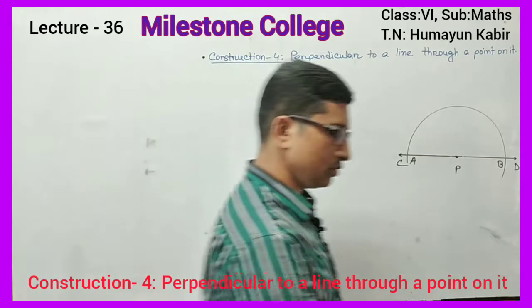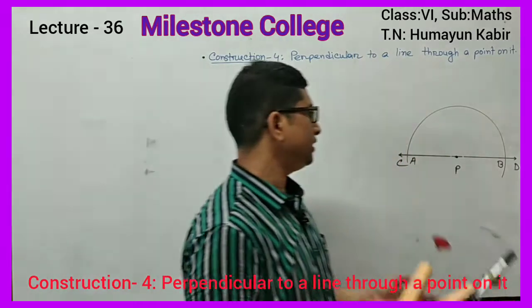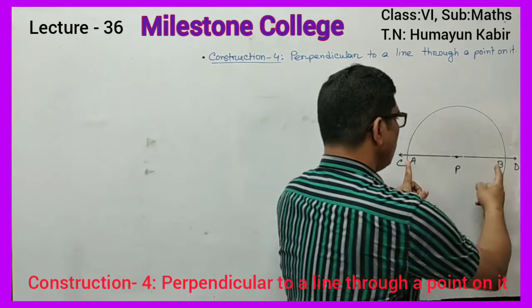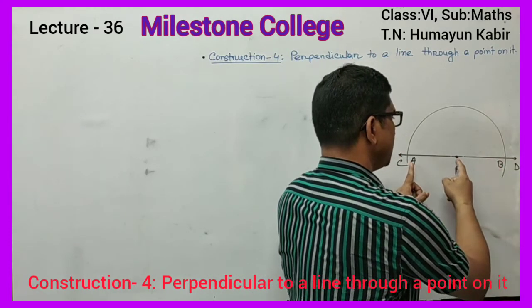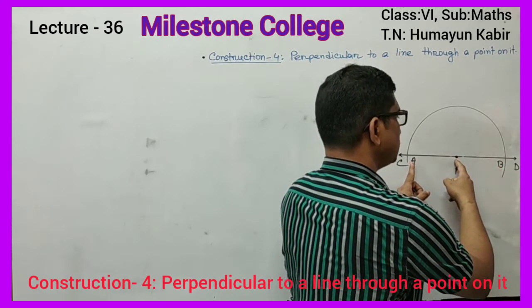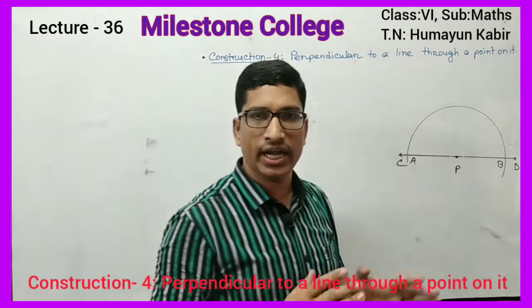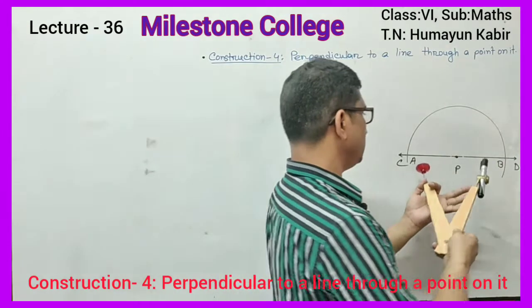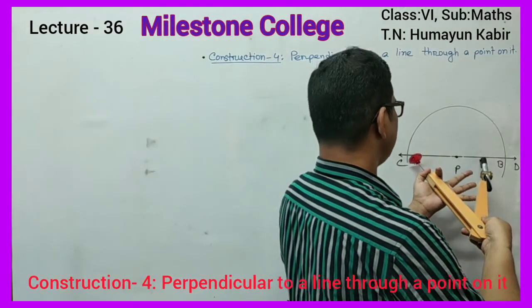Now what will you do? Here, taking the radius more than half of AB. Here, this is the full AB. Okay, suppose here half of AB. So we will take the radius more than half of AB. Okay, so here suppose up to this.